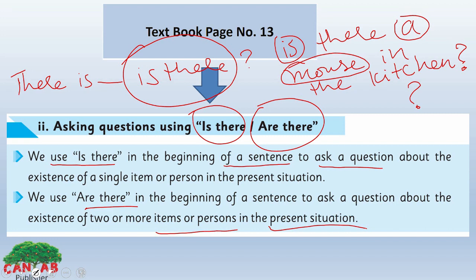And when we are asking in a question form, in interrogation form, we will swap both. We will change the position of both because we are now asking a question. We will use are there. Let me give you an example.